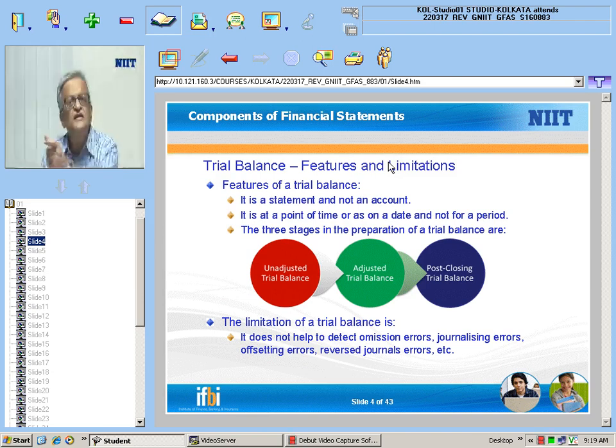Another mistake is made in the credit side for 1,000 rupees. Both the sides will tally. The trial balance is tallying, but there is an error. Such type of errors are called offsetting error. One error is cancelling out the other, offsetting error or compensating error. So this type of errors, it is very difficult to detect by means of the trial balance.